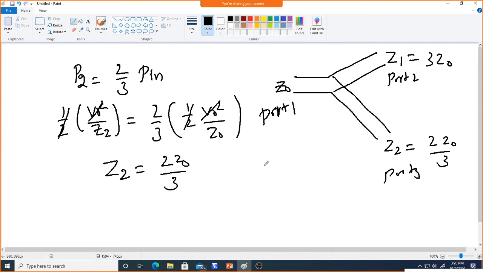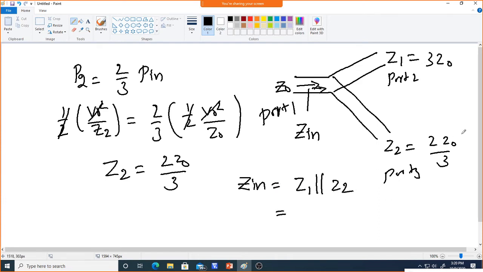Now if I want to see whether port 1 is matching or not, you take the parallel combination of this. If you take the input impedance looking into this one, which we take as Z in, it will be the parallel combination, so Z in equals Z1 parallel combination of Z2.